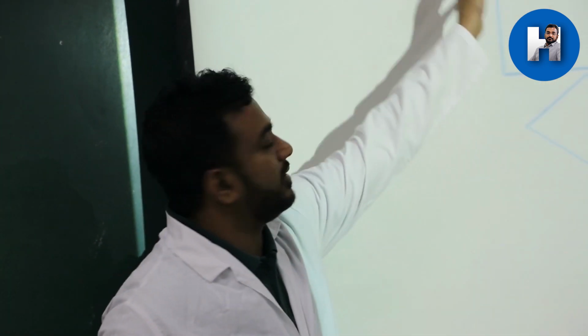Next thing, if you have liver disease, there is going to be cholestasis, which means biliary obstruction. What will come out? You will have hyperbilirubinemia, the direct type of bilirubin.